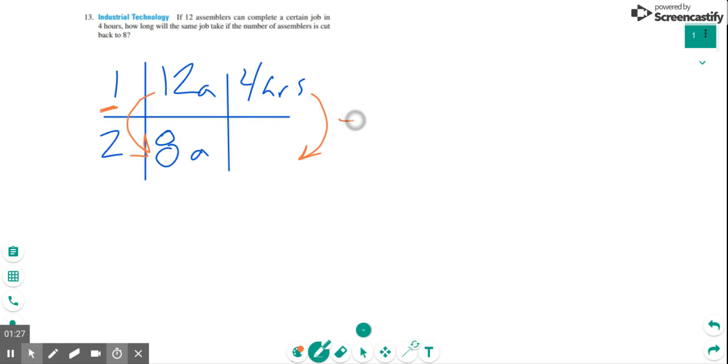And I would expect the time to be greater. So if 12 assemblers can do it in 4 hours, I'd expect 8 of them to take a longer time since there's fewer of them working. So as one is decreasing, the other is increasing, and that means inverse.